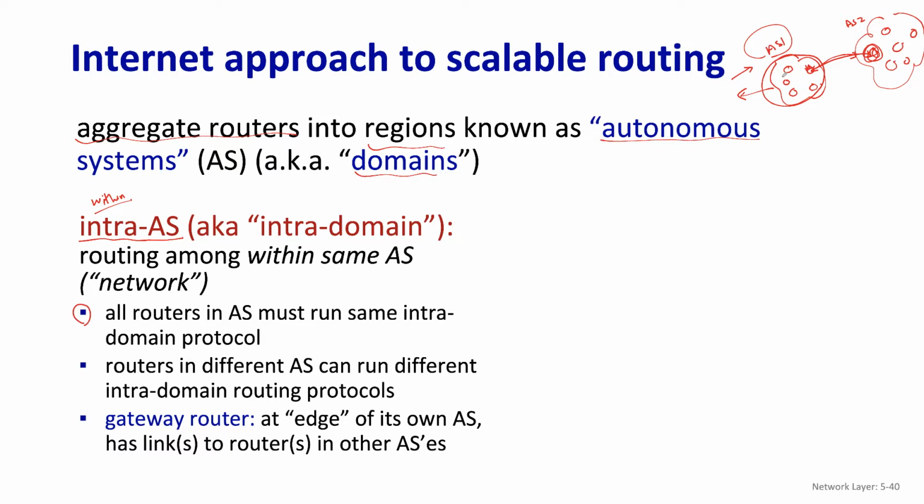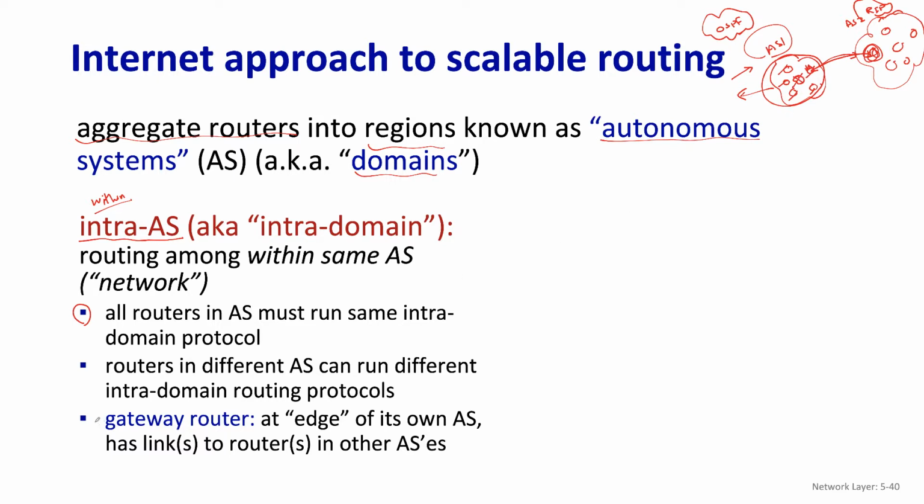If you are running OSPF, for example, here, that means this one must run OSPF, this one must run OSPF, the same thing for each one of them. On the other hand, if you want to run, let's say, RIP as a routing protocol for this autonomous system, each one within this autonomous system must run the same routing protocol. That means if you try to run RIP in one of the routers while the autonomous system runs OSPF as its routing protocol, you will not be able to do that.